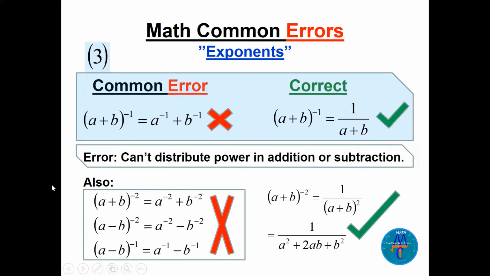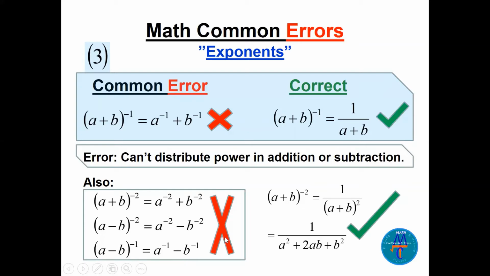Also, all these formulas where we have pluses and minuses, you cannot distribute. A plus B to the power minus 2 is not A to the minus 2 plus B to the minus 2. No way. A minus B all to the minus 2, you cannot distribute. A minus B to the power minus 1, you cannot distribute.